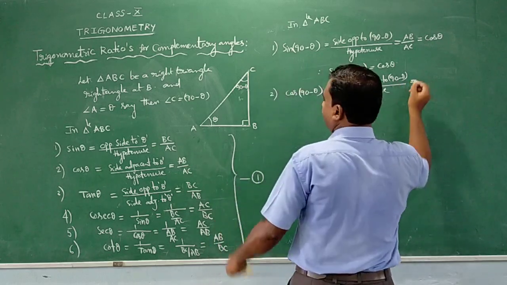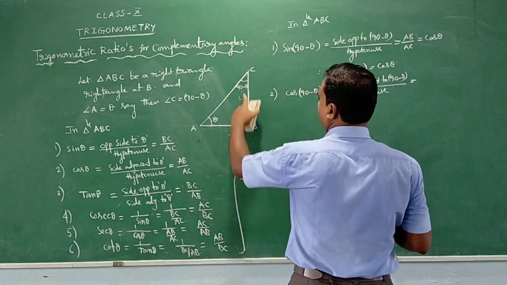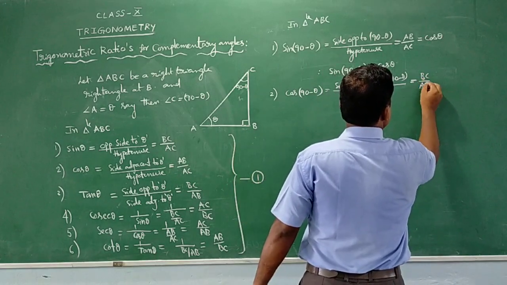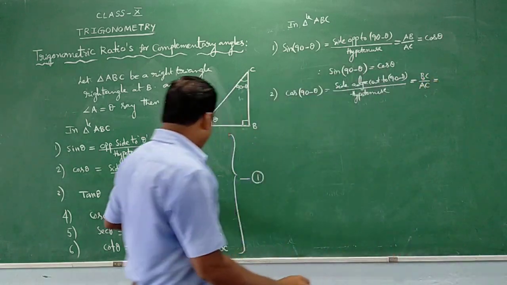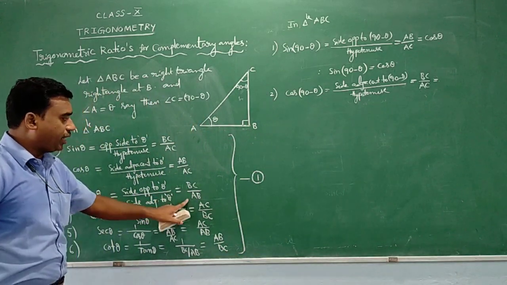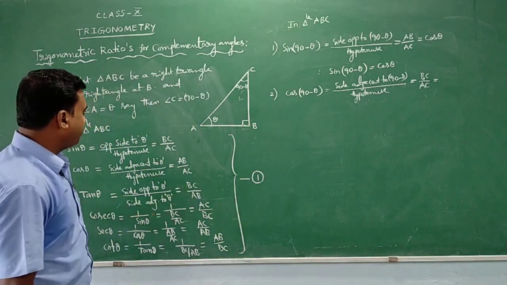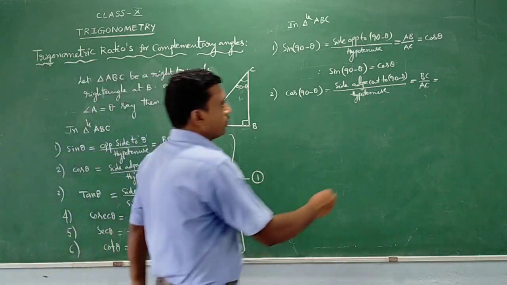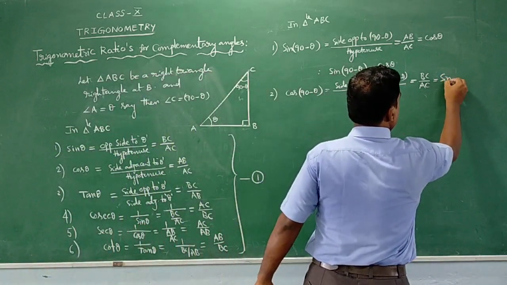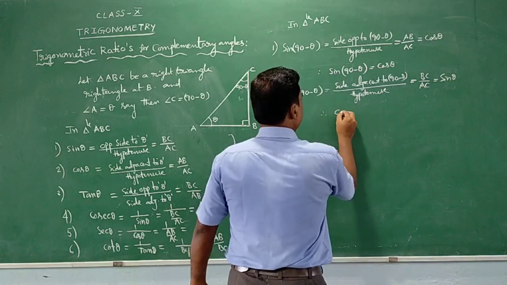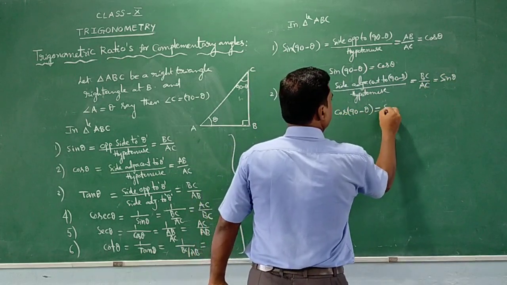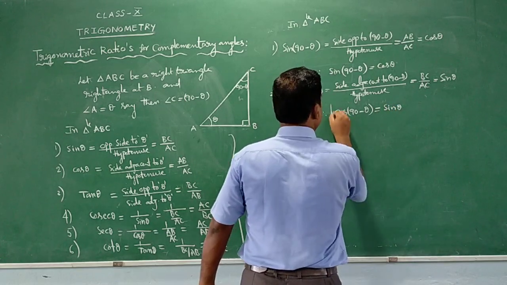That is equal to BC by AC, but here BC by AC is sin theta. Therefore cos(90 minus theta) is equal to sin theta.